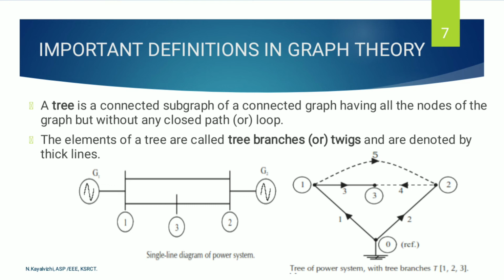As per the tree, we have to draw the branches. It contains all the nodes, but the branches will not form any loops. So I will connect the twigs, that is the branches of the tree, between 1 to 3, 1 to 0, 0 to 2. The remaining branches are called links.